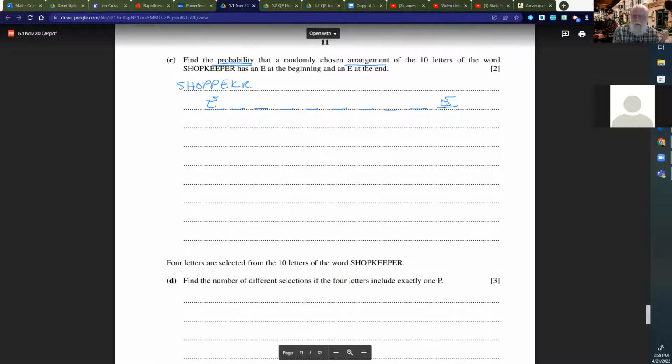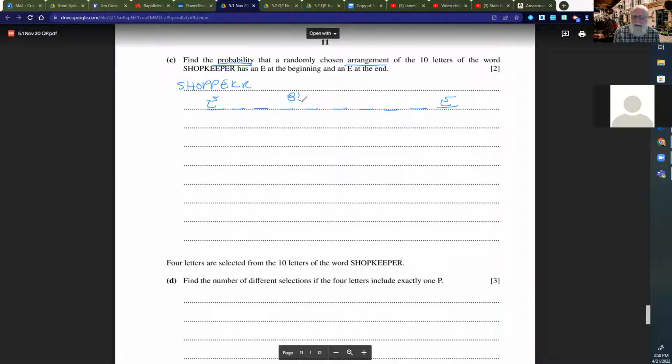So in all these arrangements, they're not going to change. Okay? So all I need to worry about is what these middle spaces are going to be. They're the things that are going to change. And the number of ways I can fill in these middle spaces will be the number of different arrangements there can be. So how do I figure out the number of ways I can fill in these middle spaces? How many letters do I have? 8 factorial. All right, 8 factorial.